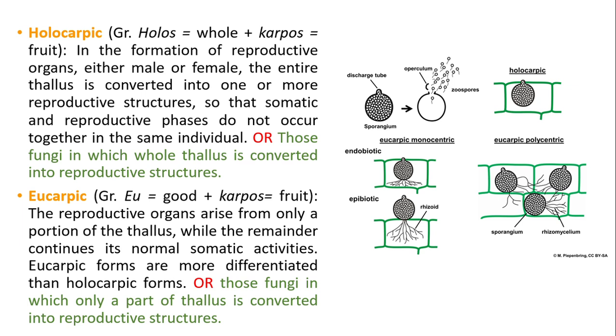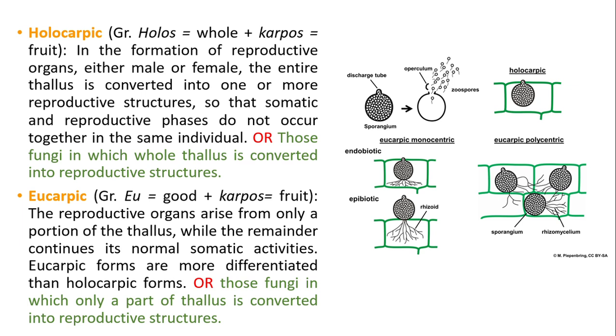In other words, we can define holocarpic as those fungi in which the whole thallus is converted into reproductive structures, for example, into spores. In case of eucarpic, eu means good or perfect, and carpus means fruit. The reproductive organs arise from only a portion of the thallus, while the remainder of the thallus continues its normal somatic activities.